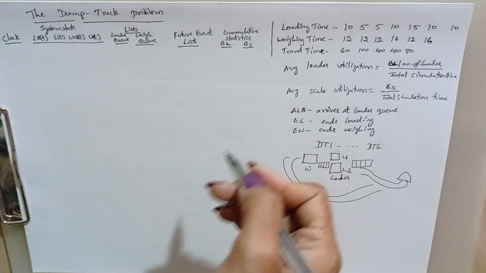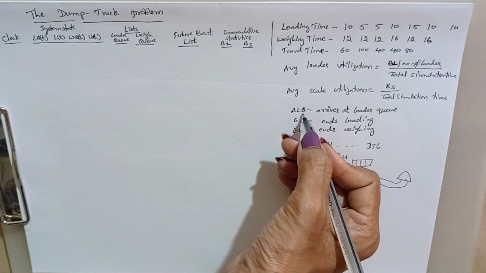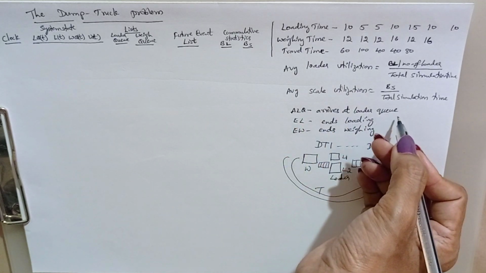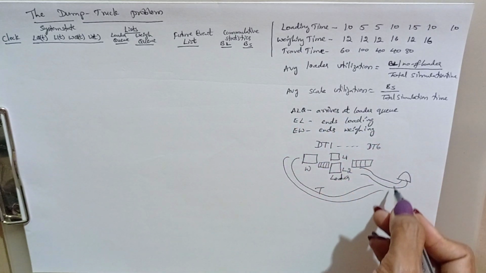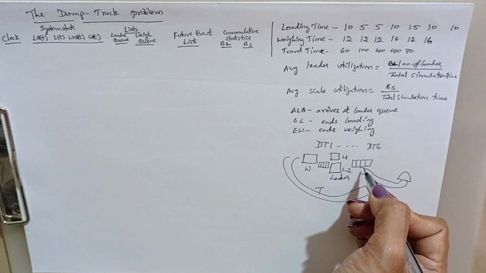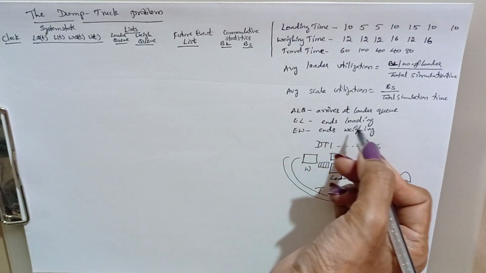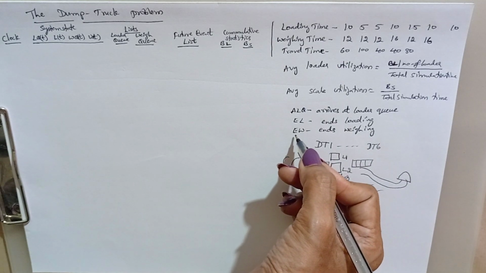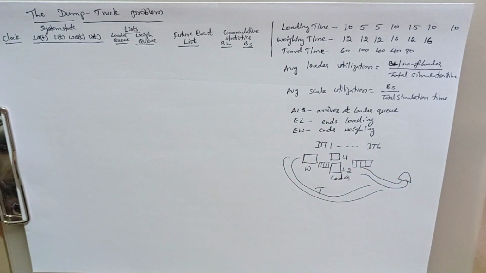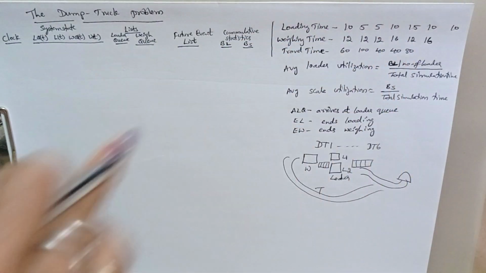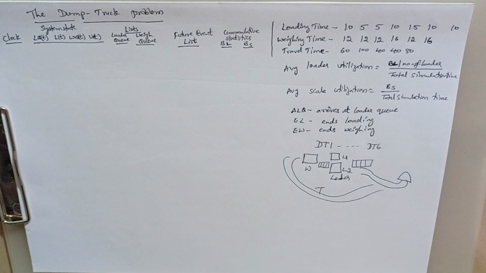In this, ALQ represents arrives at loader queue, meaning after completing, they will again arrive at the loader queue. EL represents ends loading, loading completed. EW represents ends weighing, weighing completed. By taking these values, now we'll construct the simulation table.